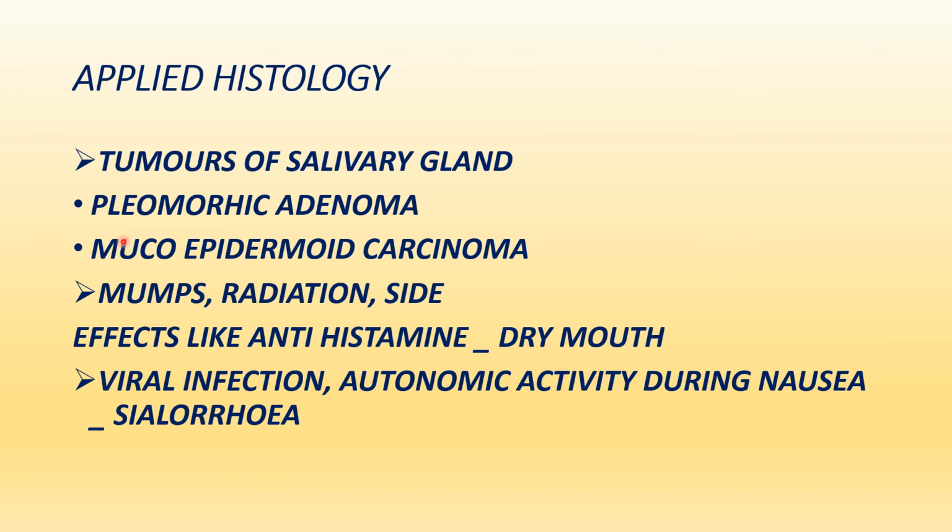So here in pleomorphic adenoma, there will be a mixed benign appearance of cells, like epithelial cells, presenting in mucoid matrix, myxoid and chondroid tissues. And the second one is a mucoepidermoid carcinoma. It's a malignant tumor and it's common. So it will have four types of cells: mucin producing, squamous, intermediate and the clear cells.